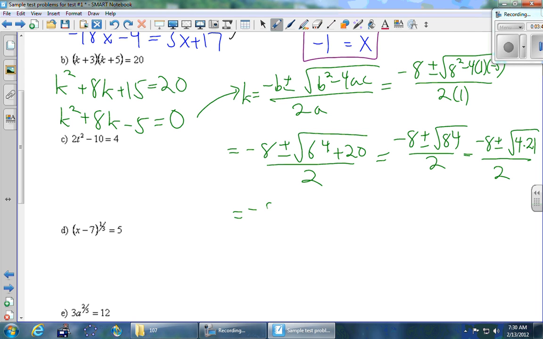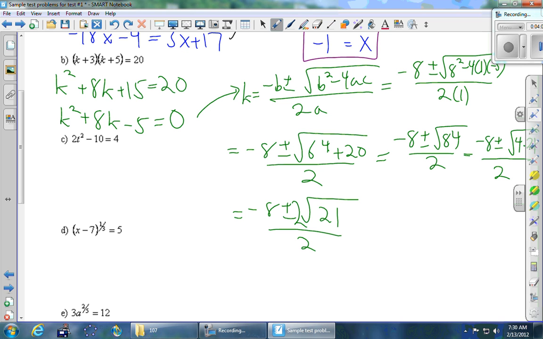So this equals -8 plus or minus the square root of, let's see, so the 21 is in there, but the 4, which used to be inside, the square root of 4 is now a 2 on the outside. And then finally, we can clean this up at the end by recognizing that that 2 can go into both things on the top. That goes into 8 4 times and into 2 once.